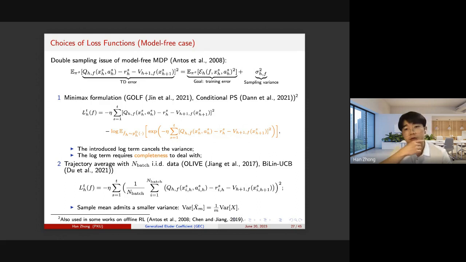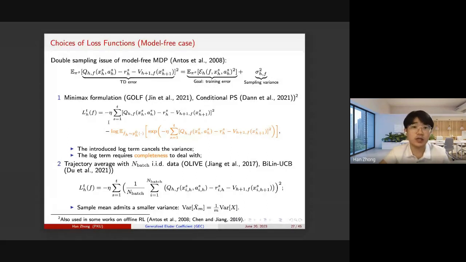I will first specify the choices of the loss function for the model-free case in the MDP. In the model-free case, the training error is the squared Bellman residual. Typically we want to use the TD error to approximate the training error, but there is the famous double sampling issue. To address this, there are two strategies.